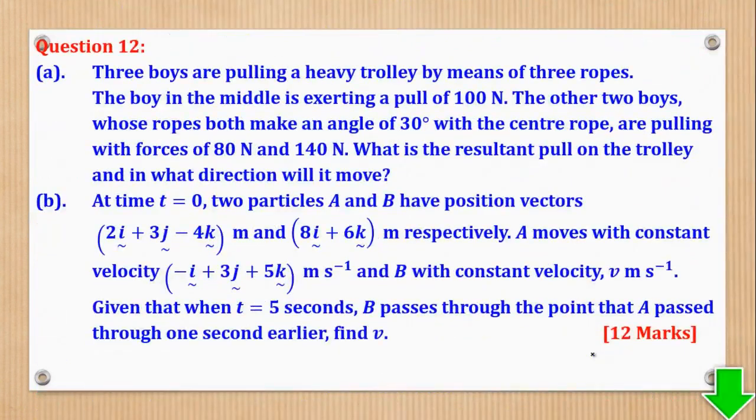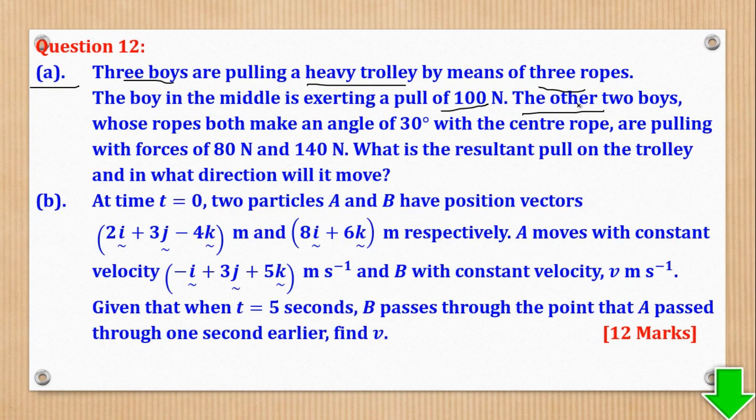Now let's go to question 12. Question 12, part A says: 3 boys are pulling a heavy trolley by means of 3 ropes. The boy in the middle is exerting a pull of 100 Newtons.